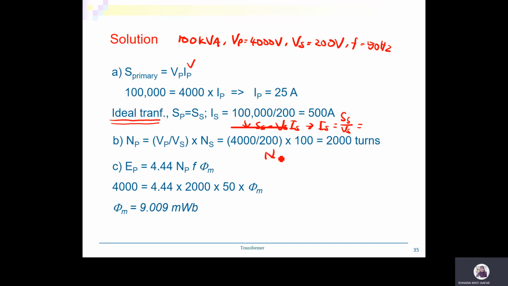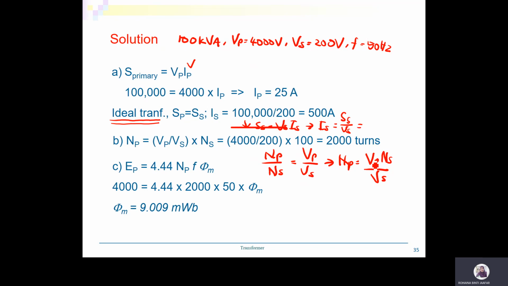Or you can write it as Np over Ns equal to Vp over Vs. So to get the Np, Np equal to Vp times Ns over Vs. So you just rearrange this equation, and you will get this formula.